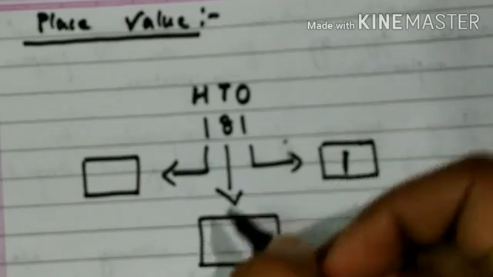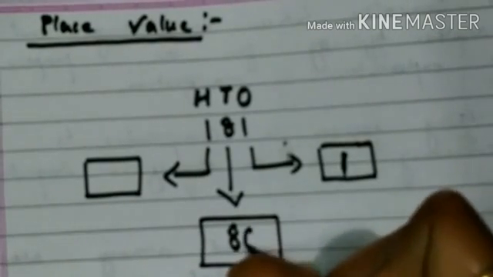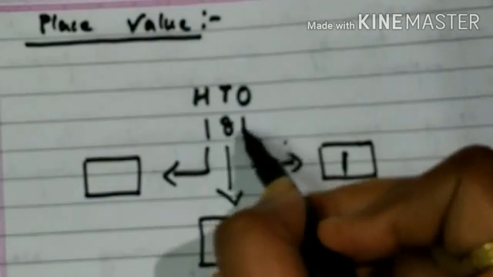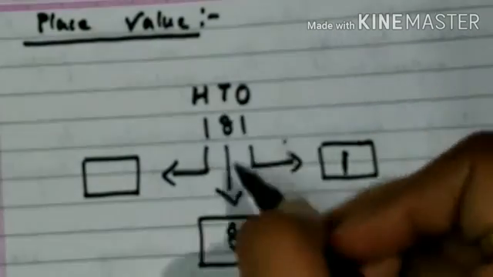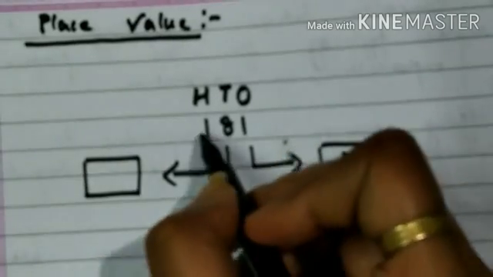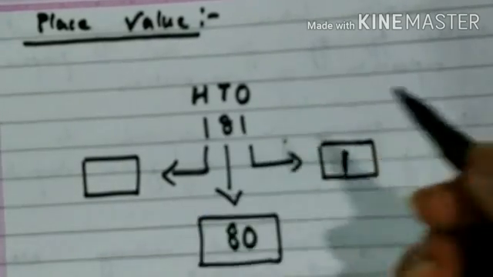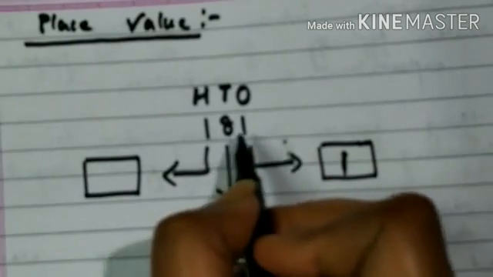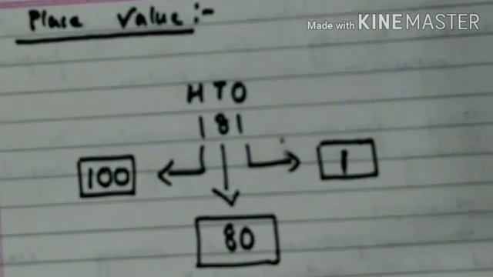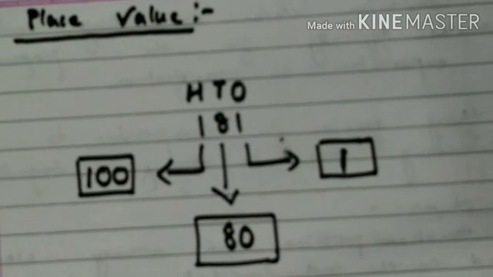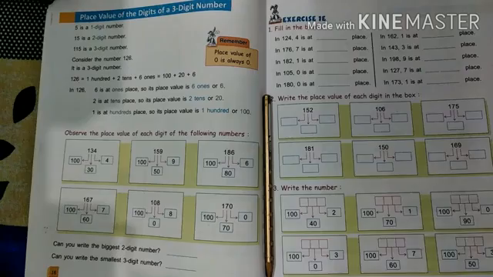Then for 8, 0. Why? Because one digit is there after it, so 8 0, as it is in tens place. Now for 100, 2 zeros. 2 digits are there after it, so 1 0 0. Like this you have to solve the sums.